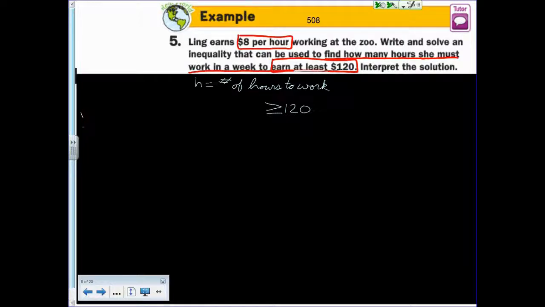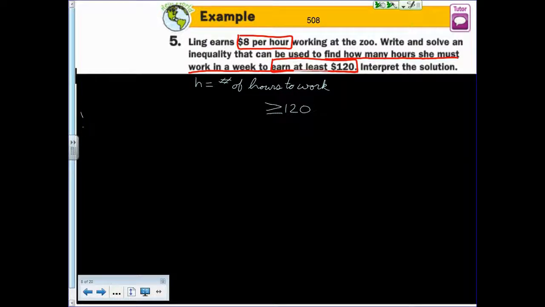Now that brings us to the $8 per hour. And we got to ask ourselves, is this a constant? Is this a one-time thing? She's going to earn $8 for working at the zoo and only $8 for working at the zoo. Well, that wouldn't make any sense. She'll never get to 120 just earning $8 once. This has got to be something that is repeated over and over again.